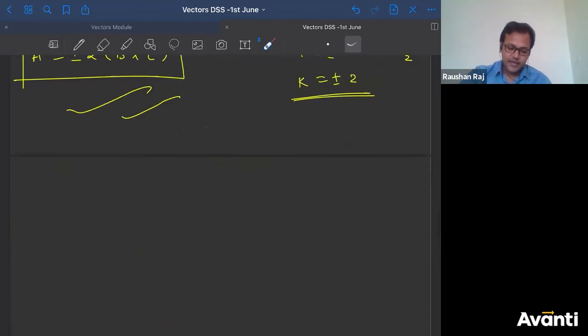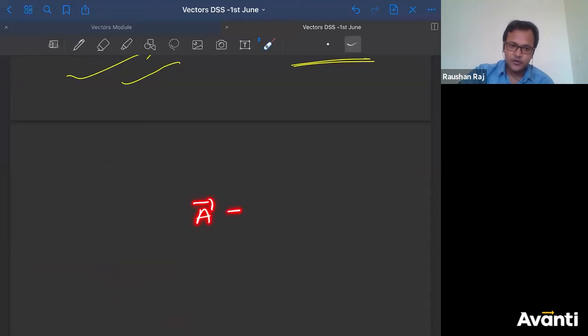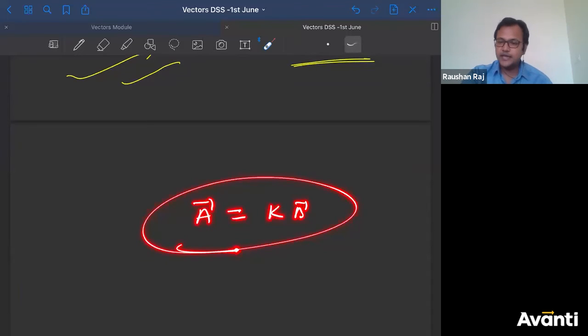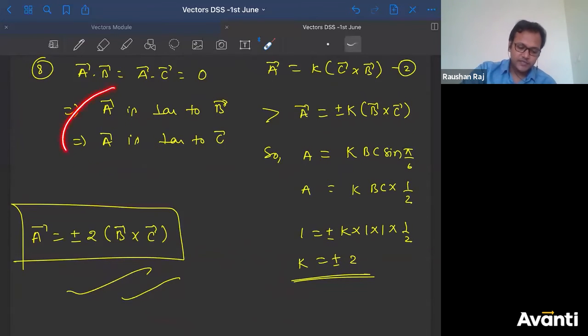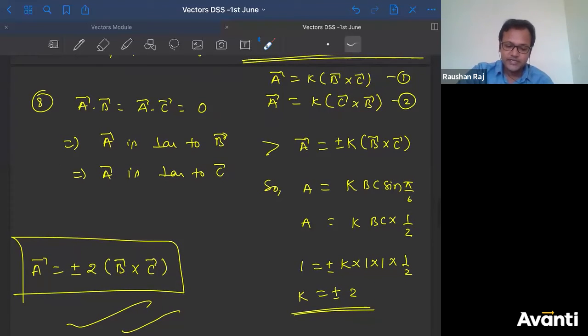If vector A, any vector, is parallel to vector V, I'll write some constant k into vector V. Then A and V are parallel. In the question, I got that A is perpendicular to B and C both. So B cross C will give a direction which is perpendicular to B and C. A is also perpendicular to B and C. That means A and this value will be parallel. Just read the question, bacha.